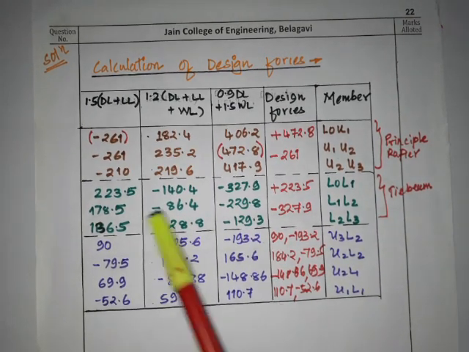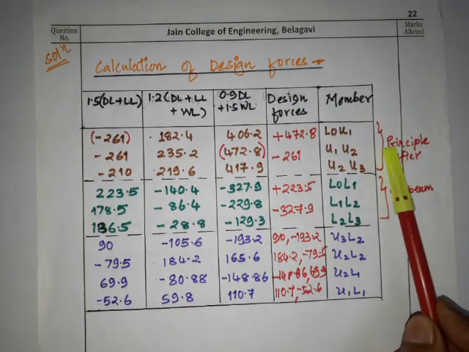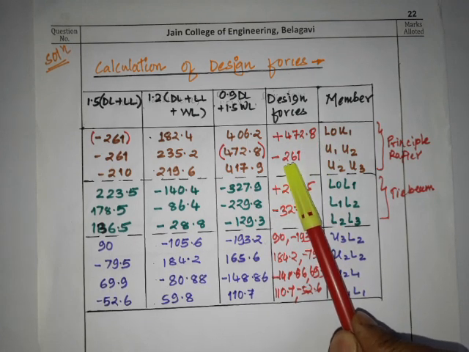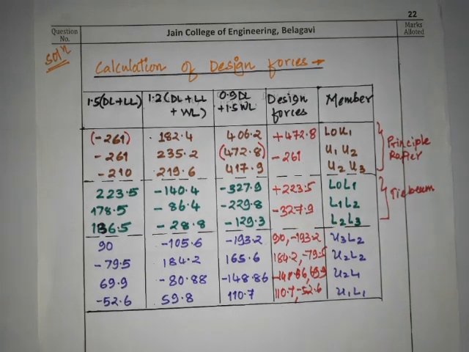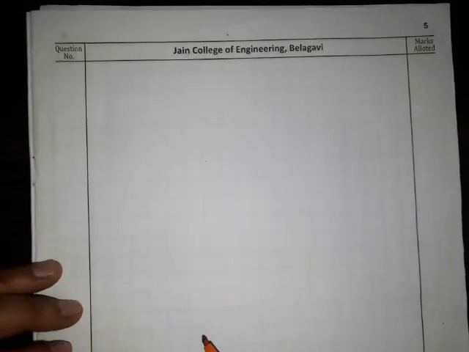Now we will begin with design of the first member, that is design of principal rafter, to carry a tensile force of 472.8 kilonewton and a compressive force of 261 kilonewton. So we will begin with design of principal rafter.